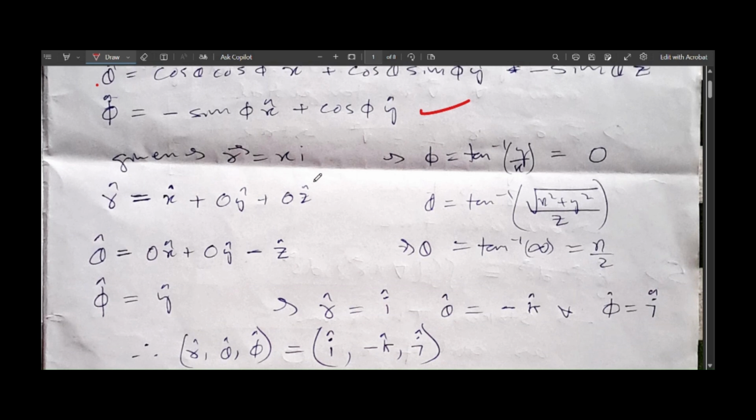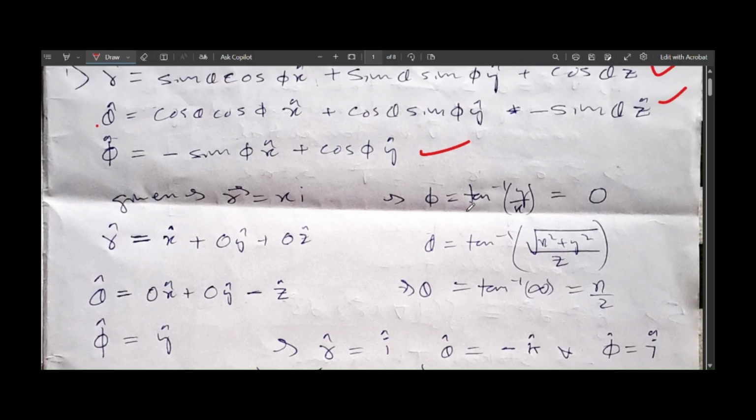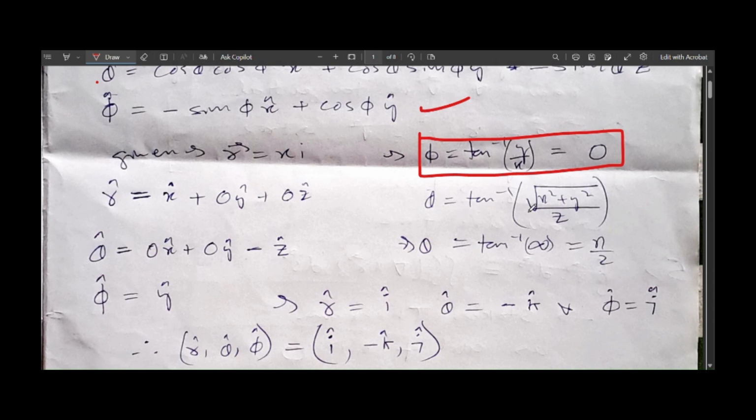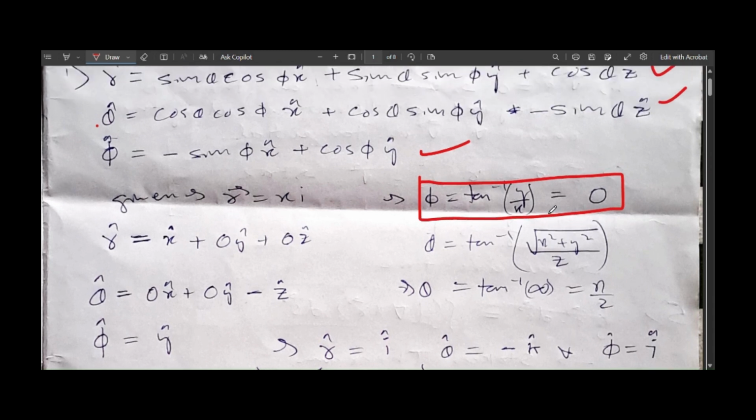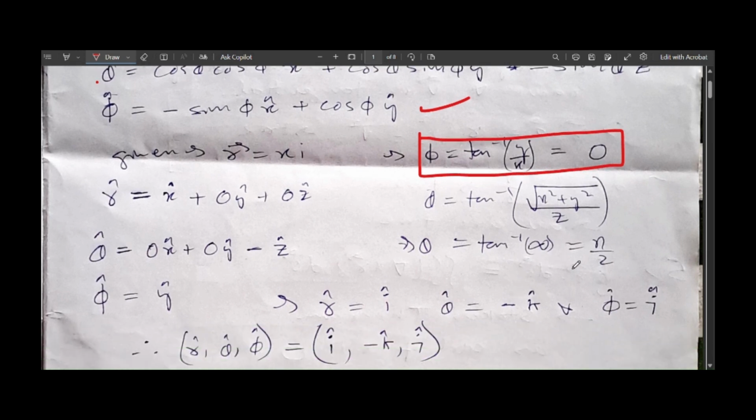Then we have to find phi, which is tan inverse x by y, and then theta is tan inverse of square root of x square plus y square by z. But z is 0, so it will become tan inverse infinity, which is pi by 2.